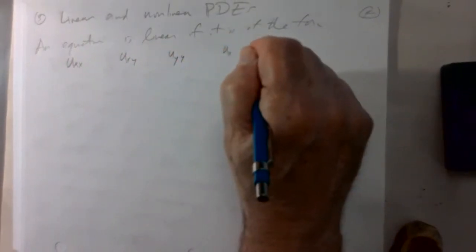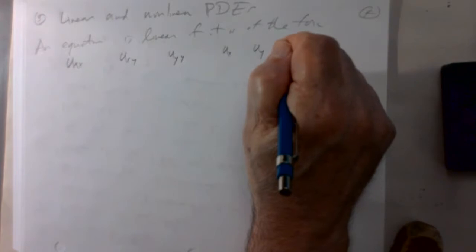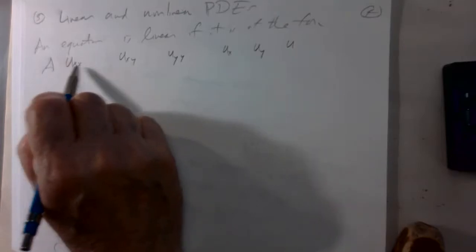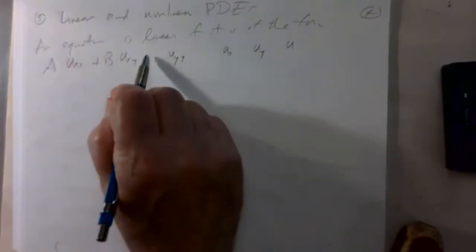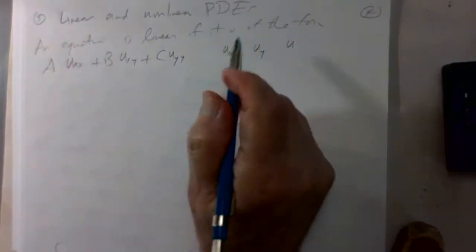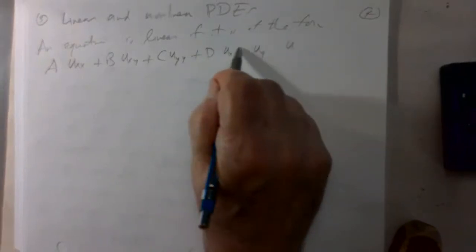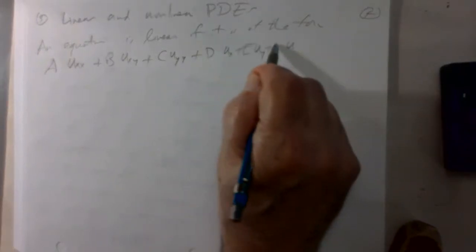So you might have second derivatives of your function and first derivatives and the function itself. And these aren't multiplied together. You might have a times uxx, b times uxy, c times uyy, d times this, e times this, f times this equals g.